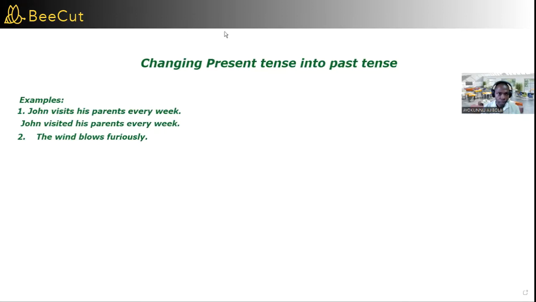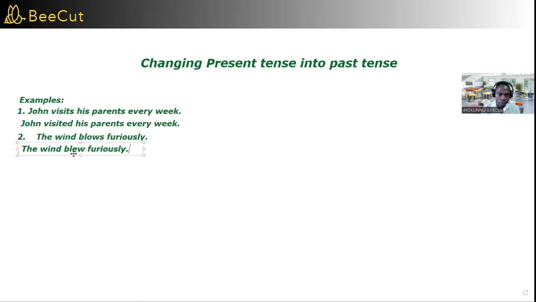Okay, I don't think you're there. So the wind blows furiously changes to past tense by changing the verb blow into blew. So that becomes: the wind blew furiously.